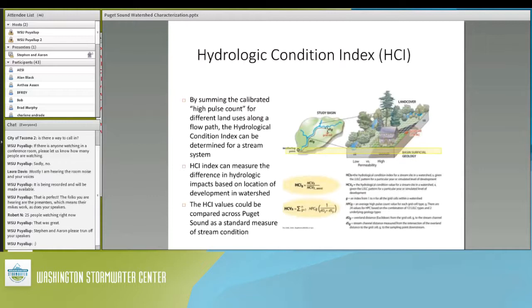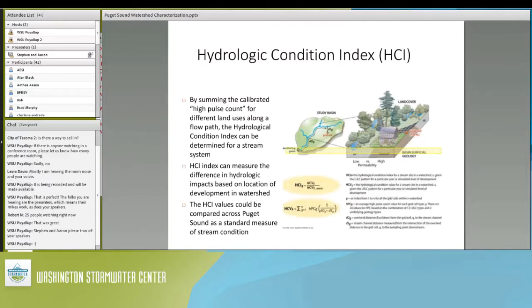So real quickly, here is the HDI tool, and in the little diagram to the right there, you can see that what we propose to do is actually create a flow network. And in each of those grid cells that you see, there would be a high pulse count coefficient or value assigned based on the type of land use and based on the type of geology.